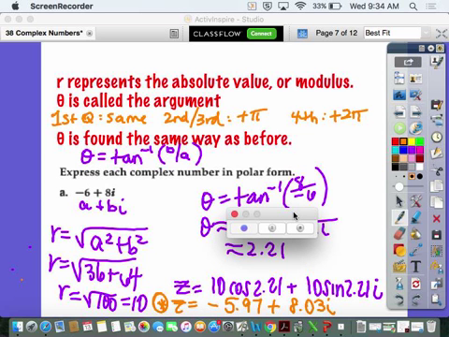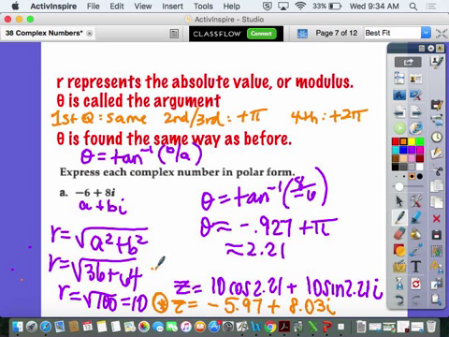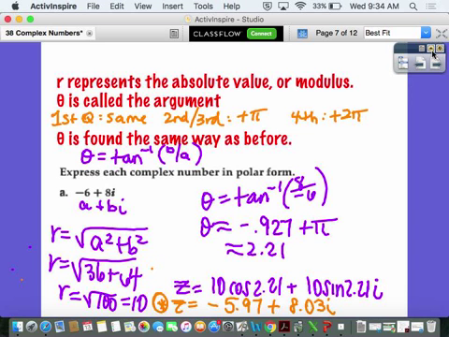I wanted to follow up on this last little bit right here. When we found this answer, the answer in orange is actually the complex number in rectangular form, not polar. Polar does include the sines and cosines. So go ahead and make a note that this is the rectangular form of the complex number.